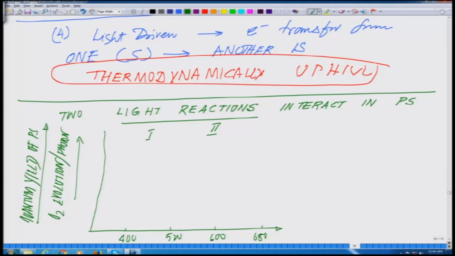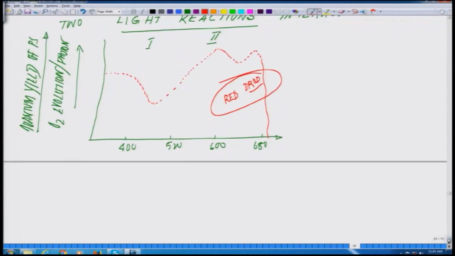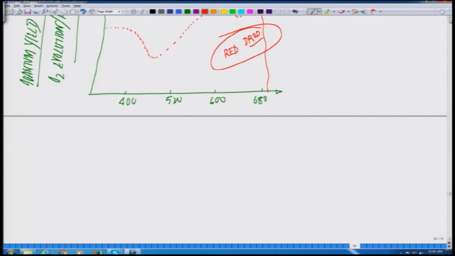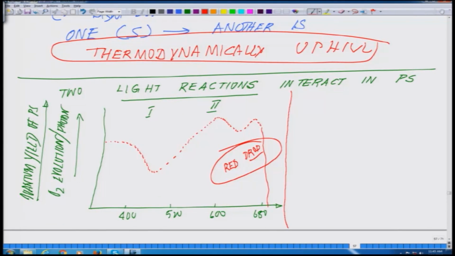So, what you observe in this is a very interesting aspect, something called a red drop. Why is it so? What does this red drop signify?